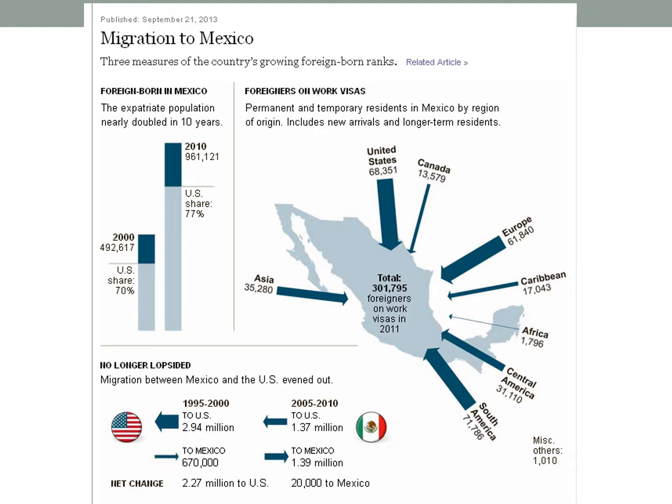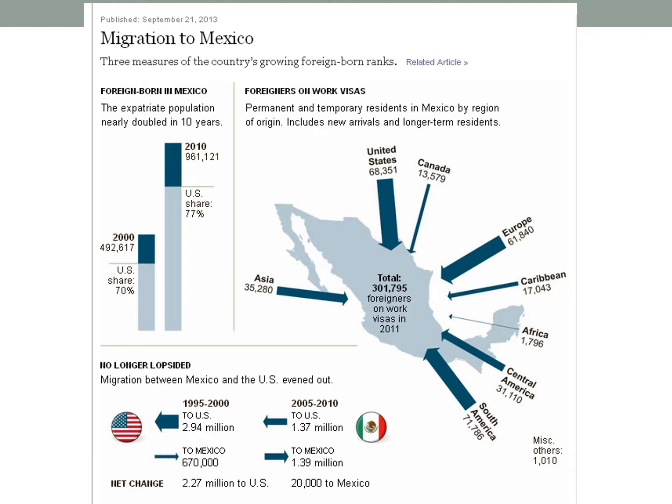Between 1995 and 2000, we saw net migration from Mexico to the United States to the tune of 2.27 million people coming into the United States. But from 2005 to 2010, we actually saw net out migration from the United States to Mexico. Just 20,000 people, but still, that's net out migration from the United States.